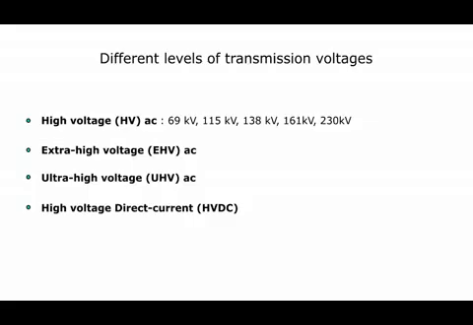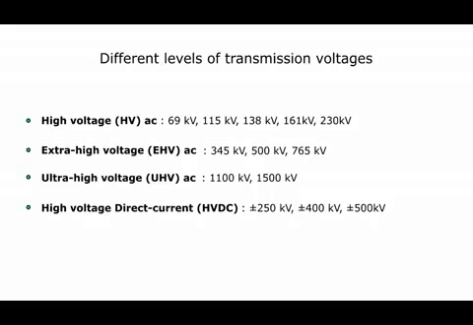Extra high voltage ranges from 345 kilovolts to 765 kilovolts. Ultra high voltage has only two levels, 1100 kilovolts and 1500 kilovolts. HVDC voltages operate at plus minus 250 kilovolts, plus minus 400 kilovolts and plus minus 500 kilovolts.